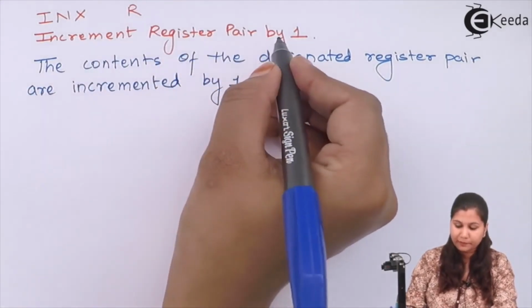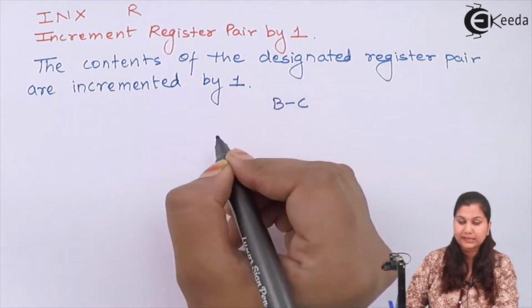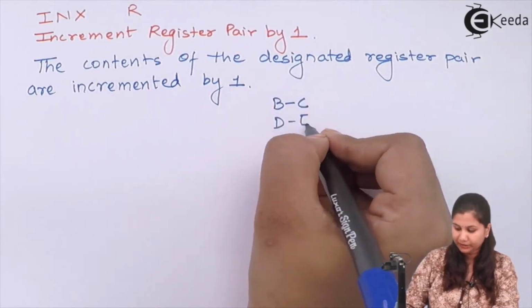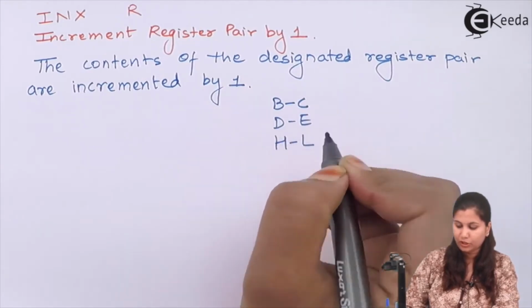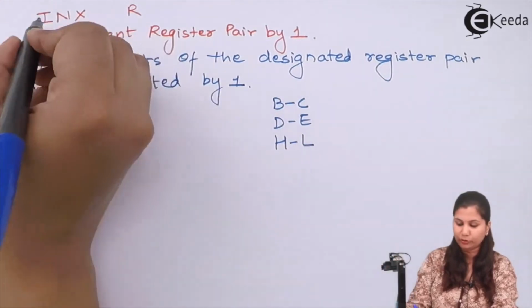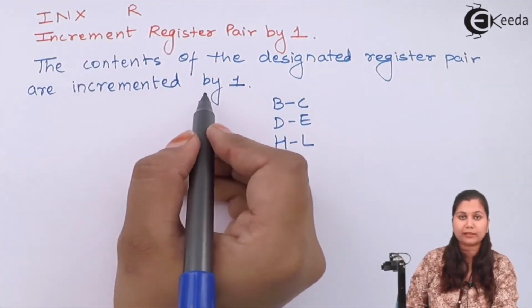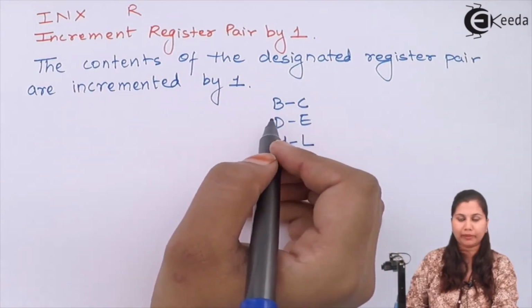So here the register pair is incremented by 1. We can have the register pair as BC, we can have DE, and we can have HL. So any of these register pairs can be incremented by 1 using this INX instruction. Now the result of this increment will be stored in the same place.